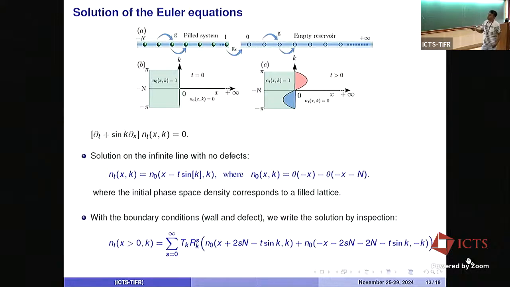Once you have a defect, and because there's a wall, there are multiple reflections, so you have to modify this equation to account for them. In principle you have an infinite number of reflections and transmissions, and that leads to this formula for the phase space density on the right half.